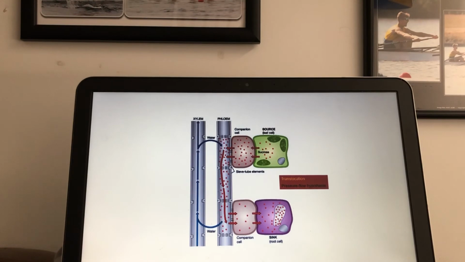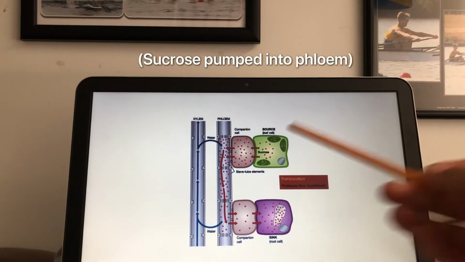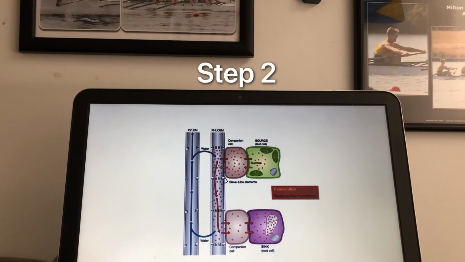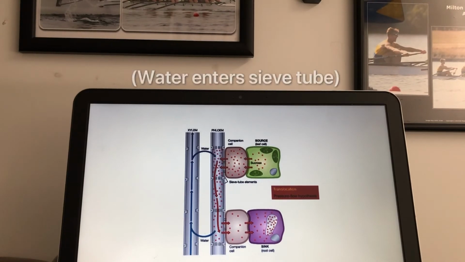Now that that is out of the way, we'll start with step one, whereby source cells pump sucrose into phloem, just here. As a result of this, the concentration of sucrose in the phloem increases, therefore lowering the water potential. Water will then enter the sieve tube by osmosis.